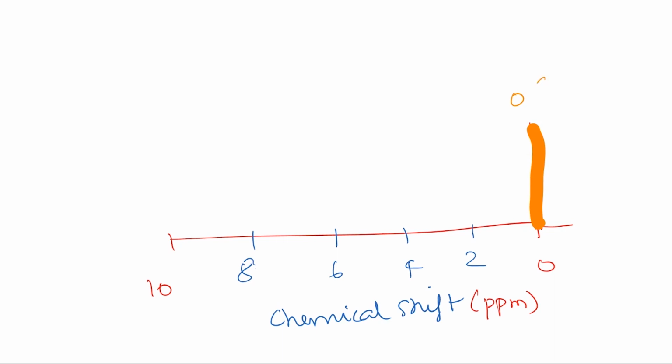Okay. So, tetramethylsilane shows up here as Me, Me, Me, CH3. So, these hydrogens show up as a single peak at 0. So, this becomes the reference for us to move forward with.